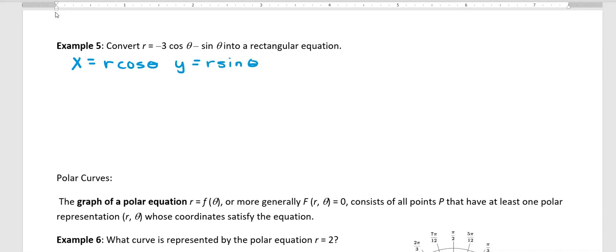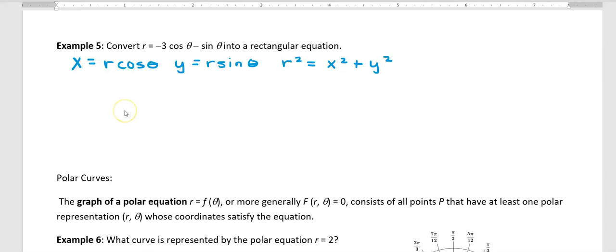But now we're going to actually use the Pythagorean theorem one, which is r squared equals x squared plus y squared. And for this, it doesn't look like you have the r squared ability in this, but we can actually manipulate this equation that we're working with a little bit in order to use that r squared.